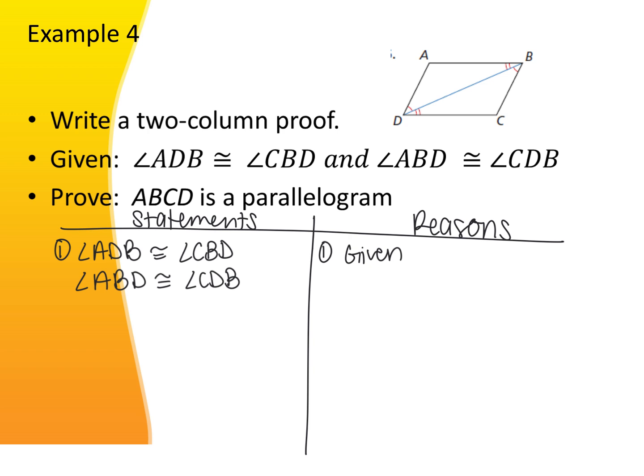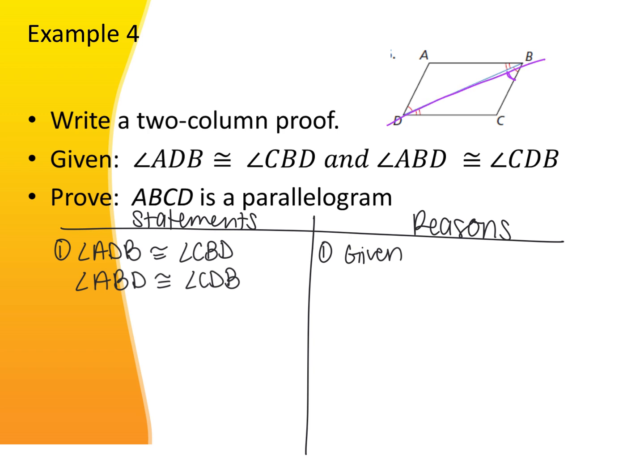Alternate interior. Okay, good. They look like alternate interior angles. However, what do we need in order for it to be alternate interior angles? Whenever we know alternate interior angles, we know it as if I have parallel lines cut by a transversal, then your alternate interior angles are congruent, correct? However, they're giving it to me backwards.